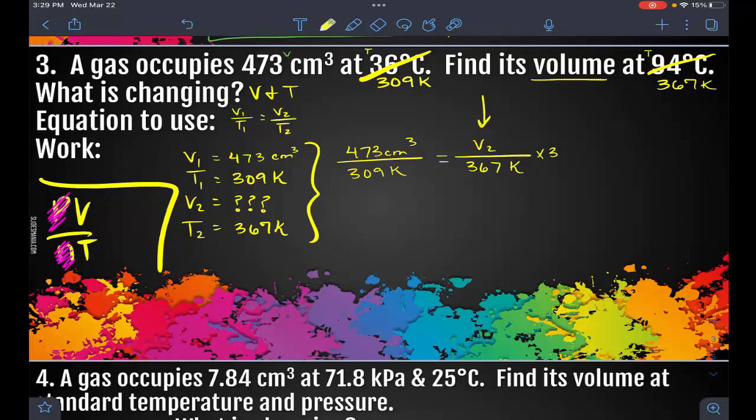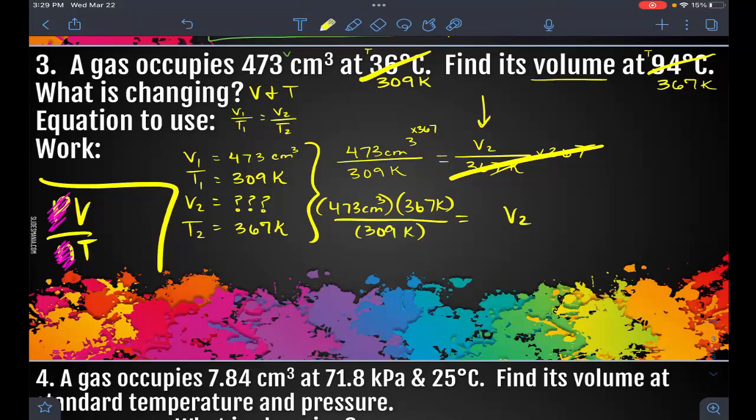So I'm going to multiply both sides by 367. I'm going to multiply over here by 367 Kelvin. So what's left over here is just V2, those canceled. On the left-hand side, I've got 473 cubic centimeters times 367 Kelvin divided by 309 Kelvin.